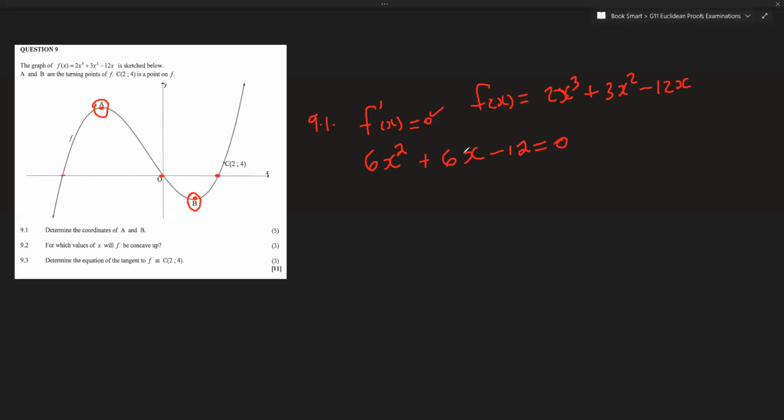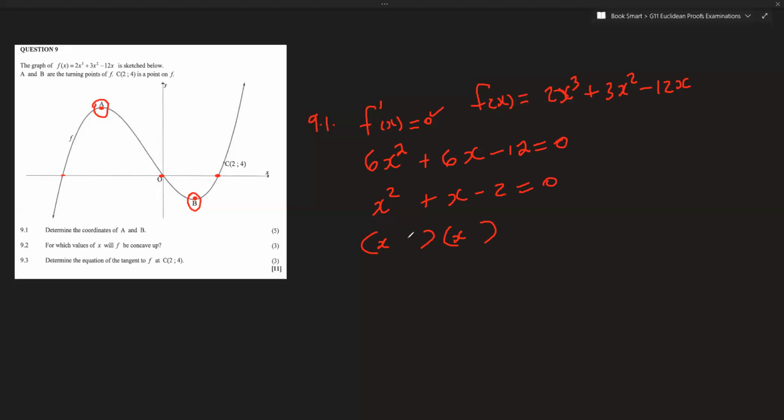Awesome. When you're here, you can use the quadratic formula. Your a is 6, your b is 6, your c is negative 12 to get the x values. Right. But I'm just going to use a short method. So I'm going to firstly divide everything by 6. So here I'm going to have x squared plus x minus 2 equals 0. And then my brackets are going to be (x) and (x).